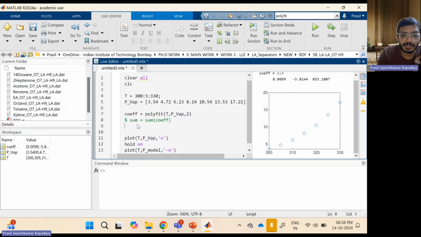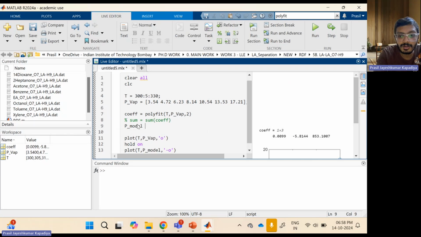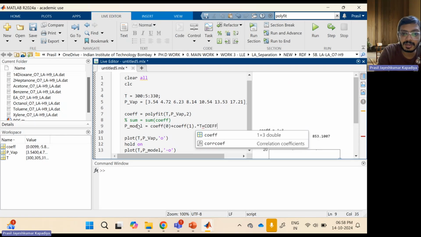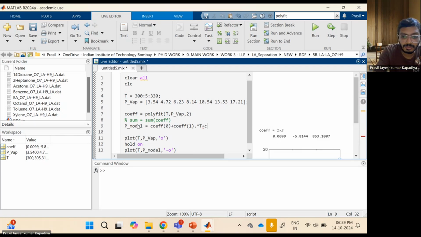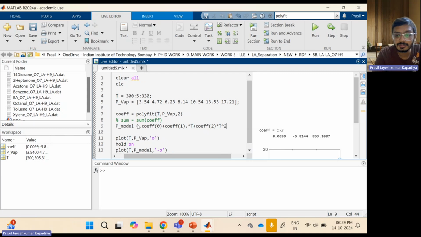Okay, I want it like that. So I need to first calculate it. So P underscore model is equal to coefficient 0 plus coefficient 1 into T plus coefficient 2 into T square.